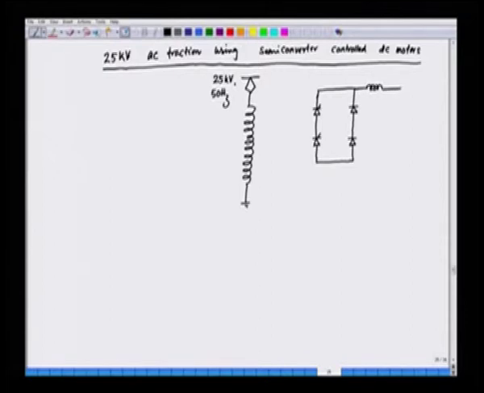And then we have an inductor here, and here we have the DC motors, and we can use separately excited DC motor here. Let us say we have two motors connected, and we have the secondary feeding the semi control converter bridge.